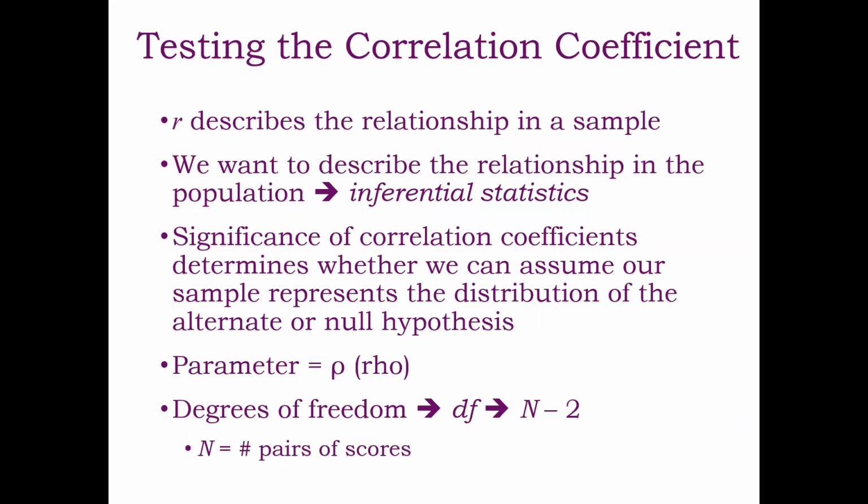Remember, the null hypothesis is that there's no relationship in the population. We want to find that our data has a correlation so different from 0 that it would be very unlikely to be obtained from the null population of no relationship.